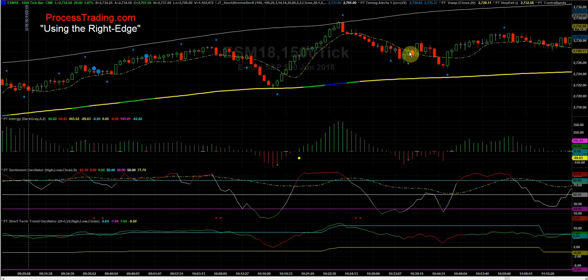Or closed on it or above it. Okay, which is why we wouldn't get out here. Even though that did go up, it closed below it. And then it continued red. But this closed on it or above it. So we're going to get out right here.